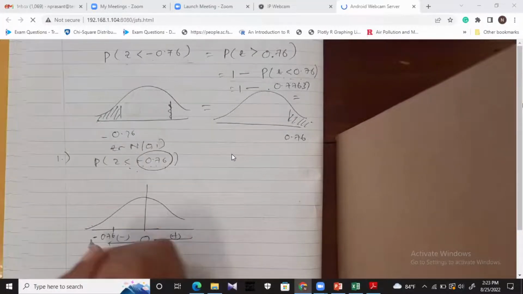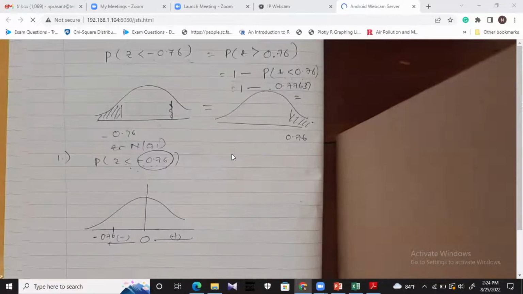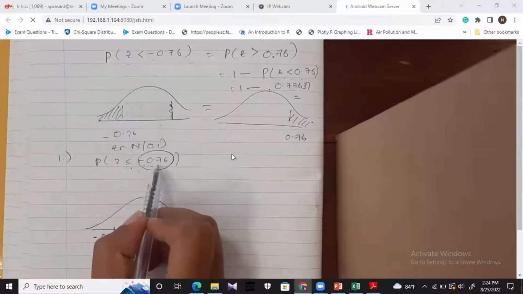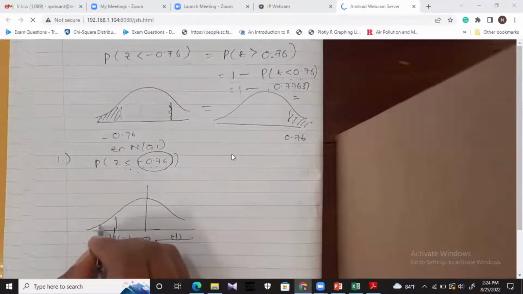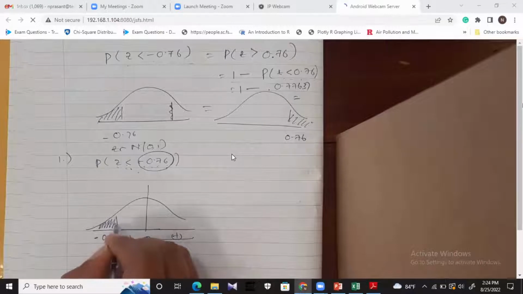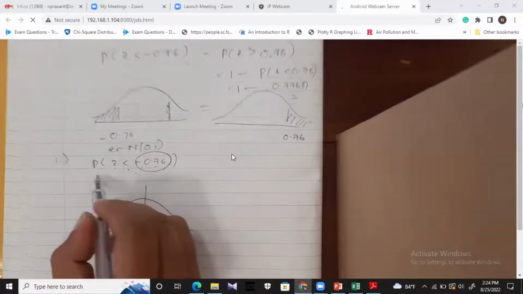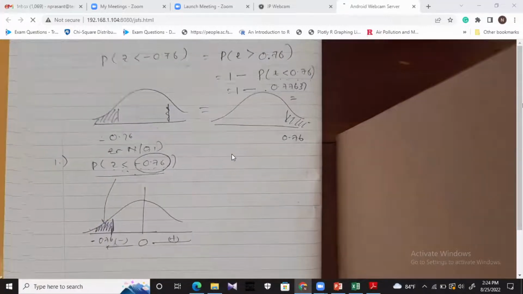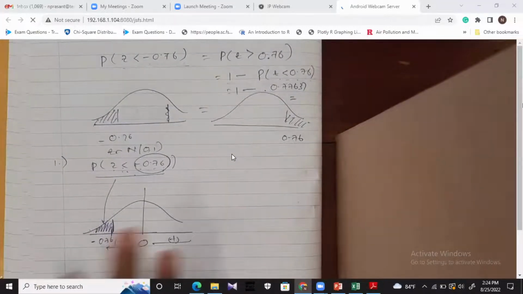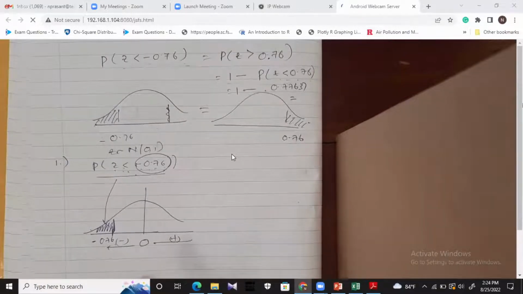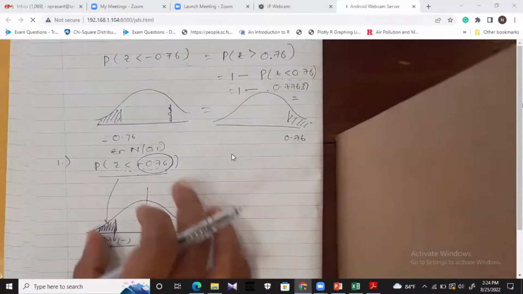Anyway, it is on the left hand side. And Z less than minus 0.76 means we need to find the small shaded region. That's clear now. This required probability is equal to this small area under the curve to the left of minus 0.76.